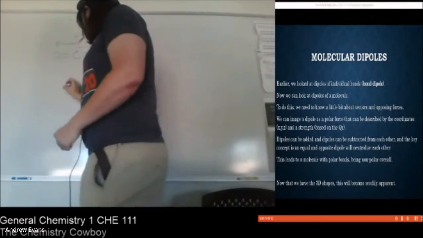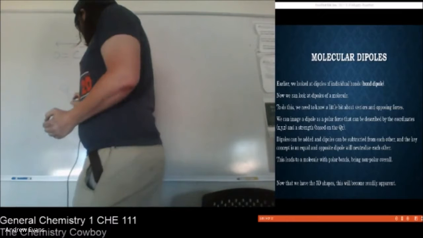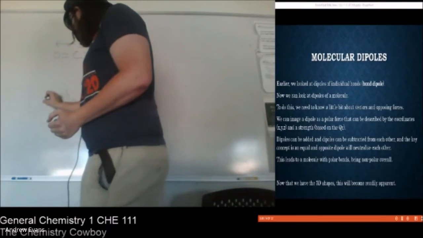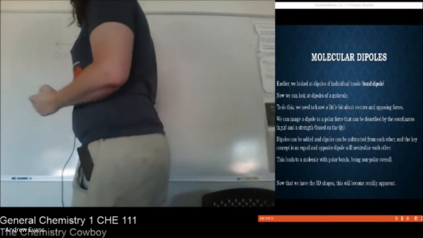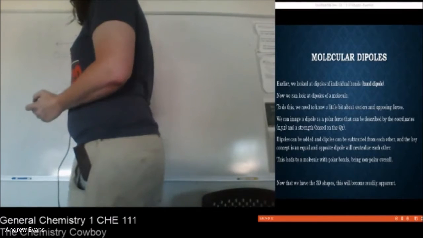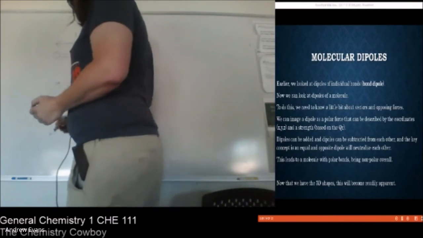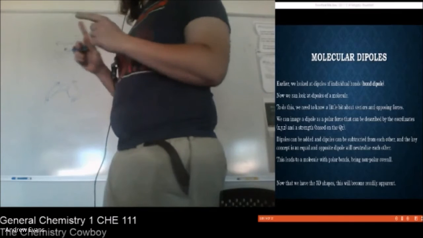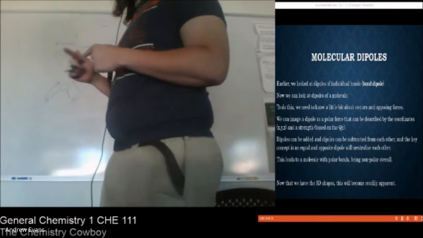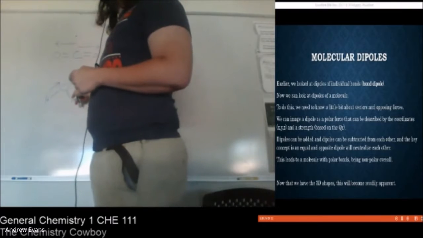The water, being bent, has a different situation. This hydrogen is pulling up and to the left. This hydrogen is pulling up and to the right. The left portion and the right portion cancel each other out. But both atoms contain an up portion.